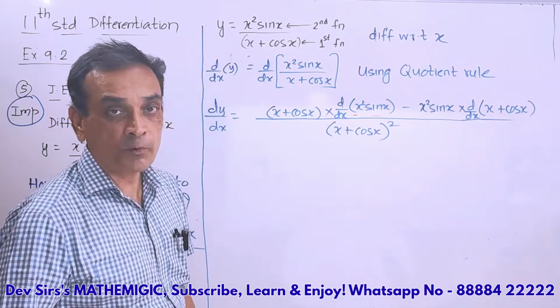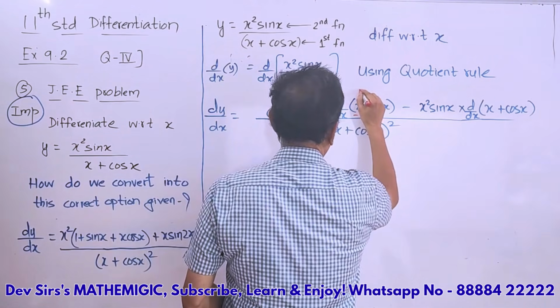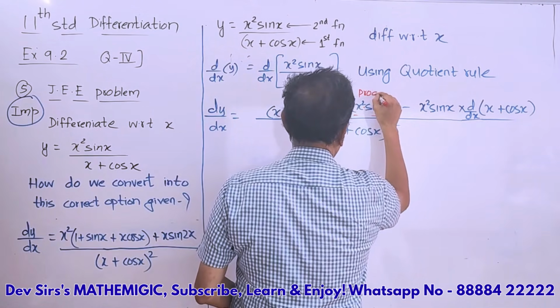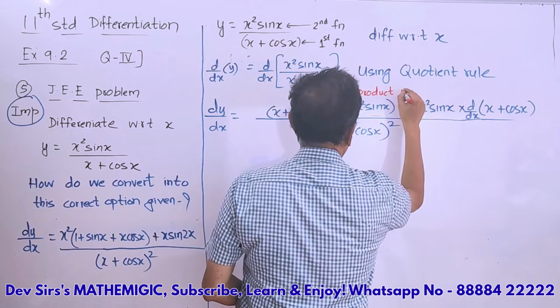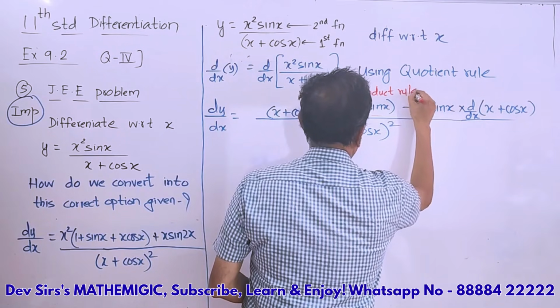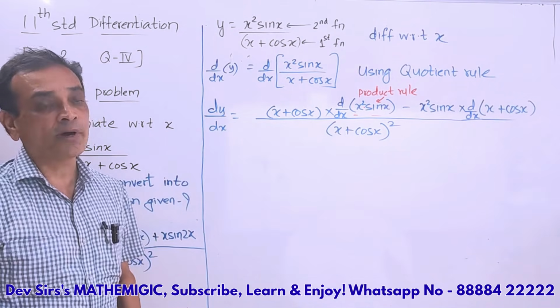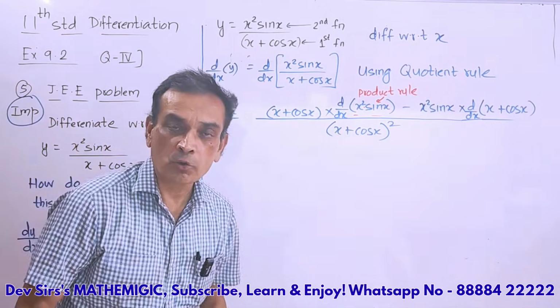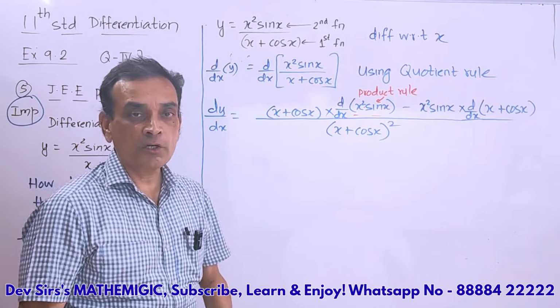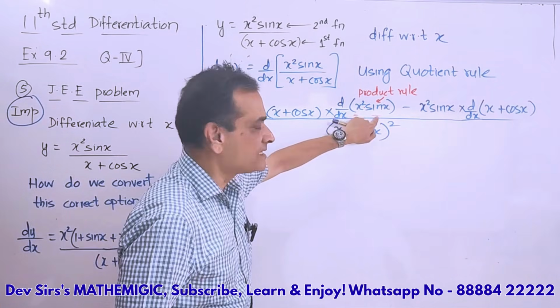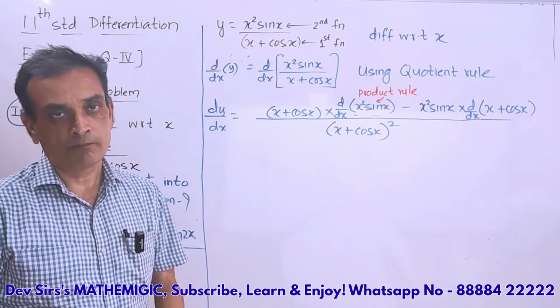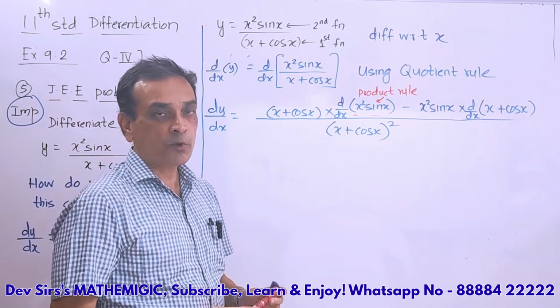Now derivative of the product means you have to use product rule over here. That is the important part. First we have used quotient rule. After using quotient rule, while finding d by dx of this, I am going to use product rule. Followed?